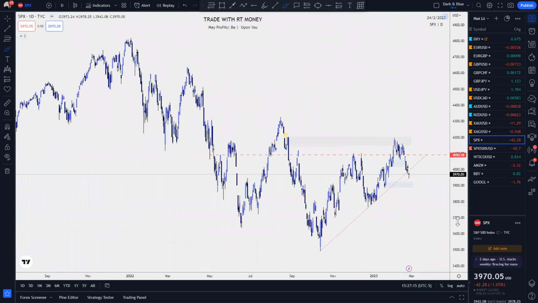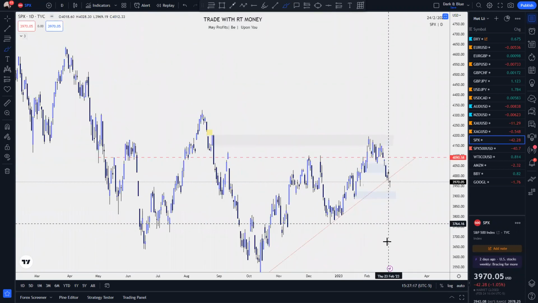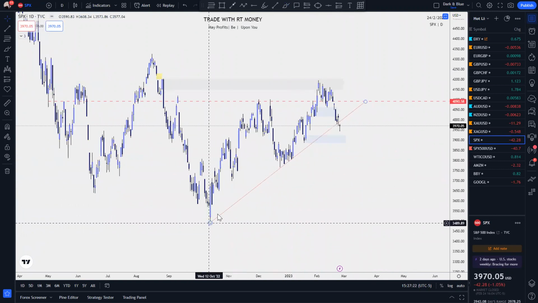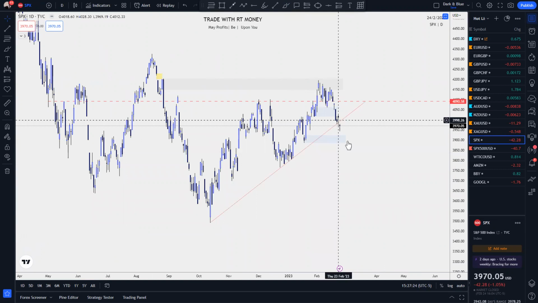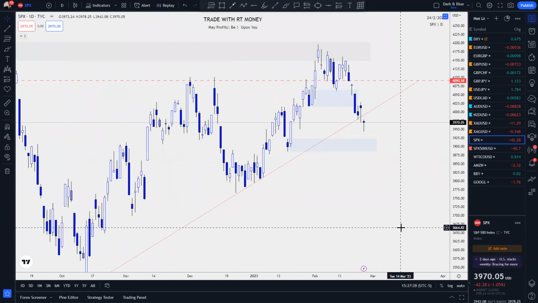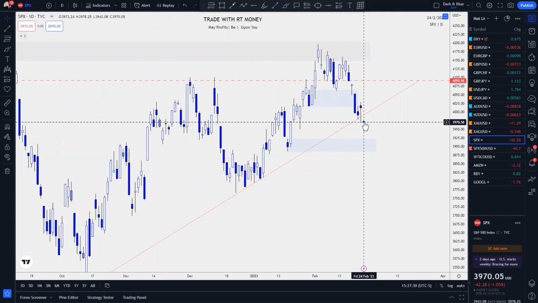All right, SPY. If we go to the daily, we can see that here we have a trend line, and that's pretty cool. That's nice to see. But we have traded below this trend line now. All right, that is Friday's candle. We've gone below the trend line.